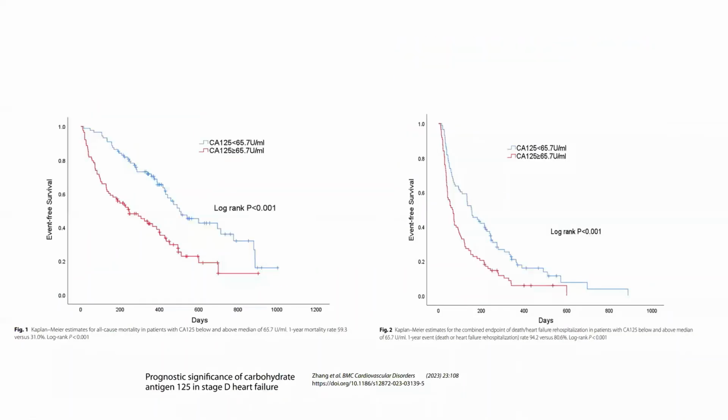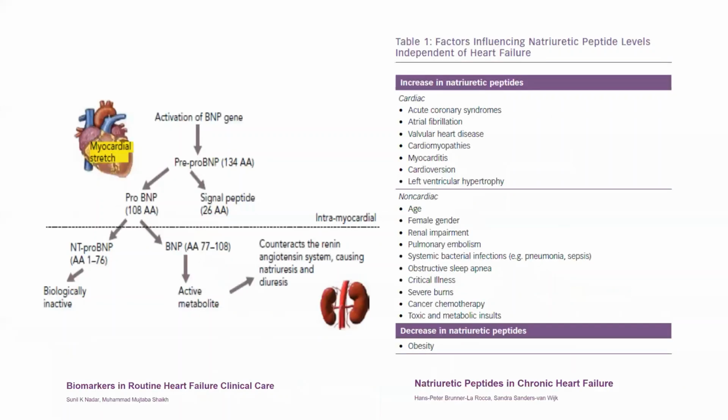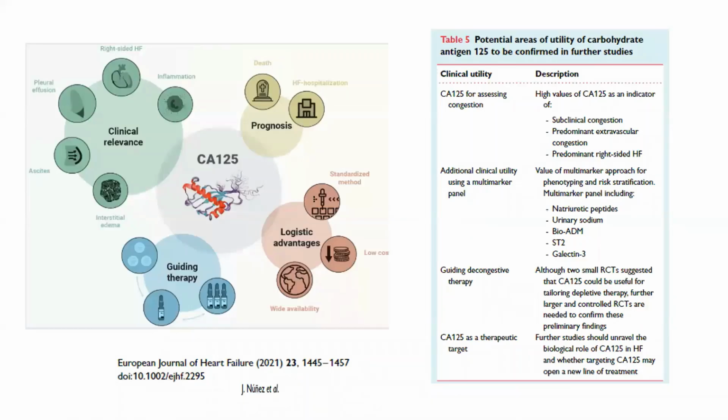Okay? يعني يا شباب الآن دي مسألة مهمة جدا أنا عايزكم تعرفوها. CA125 is an important cardiac marker.